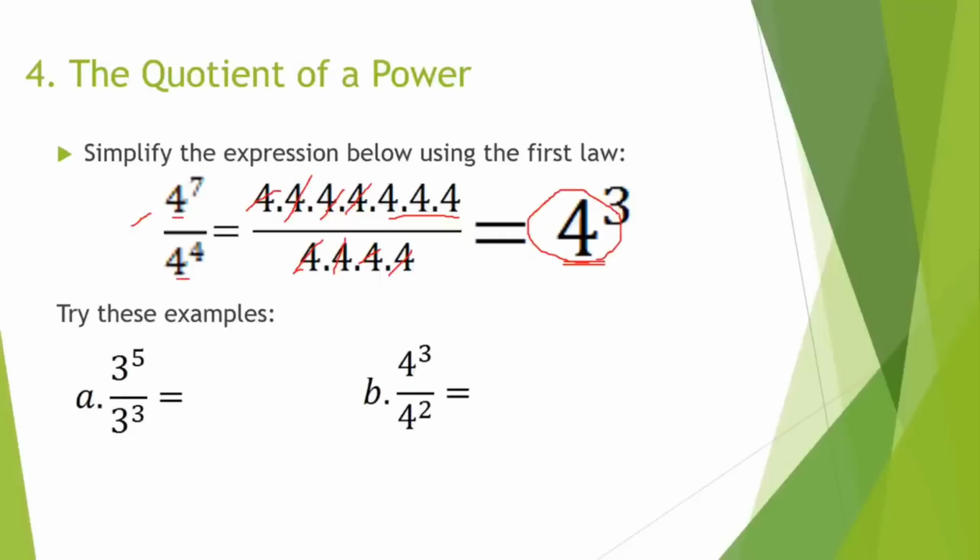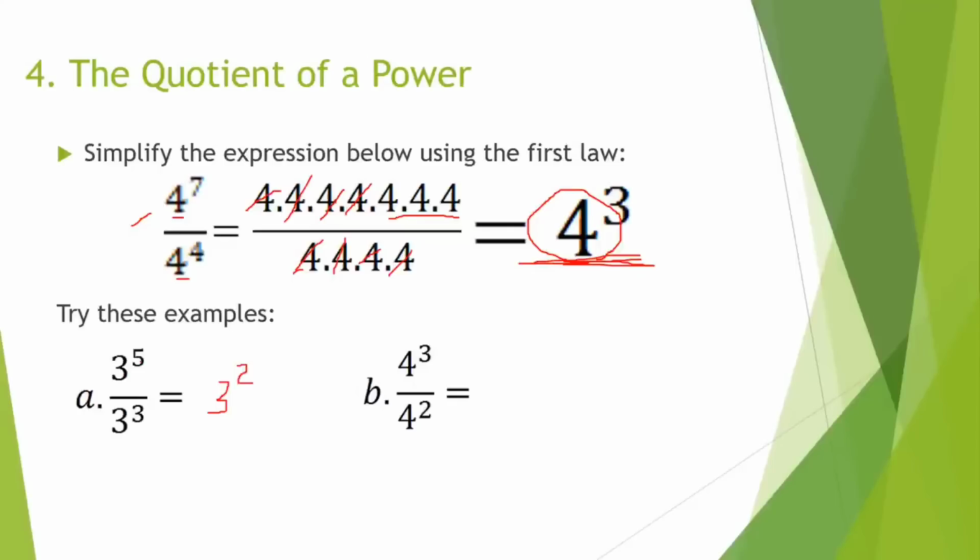And then what did we do to our exponents? We subtracted them. So 7 minus 4 is equal to 3. That's why the final answer here is 4 cubed. With that as a clue, we can do the same by copying the base, which is 3, and then subtract 5 minus 3, and the result is 3 squared.